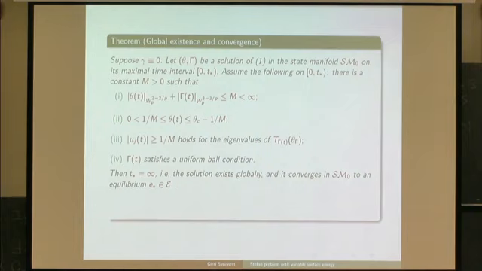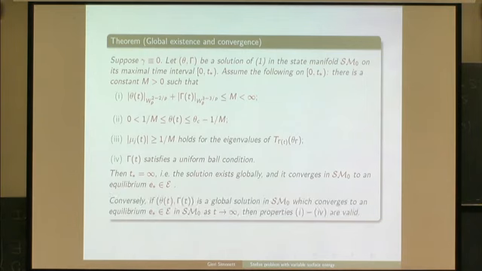The equilibria are not really distinguished. You can take them and move them around, and from an energetic point of view they all look the same. Nevertheless, it's true. And the other way around, if you already know that you have global solutions, then that is the easy part.